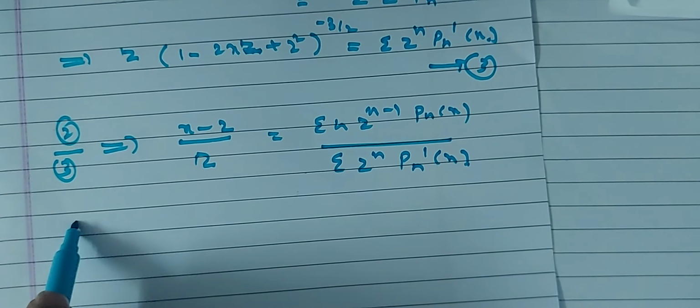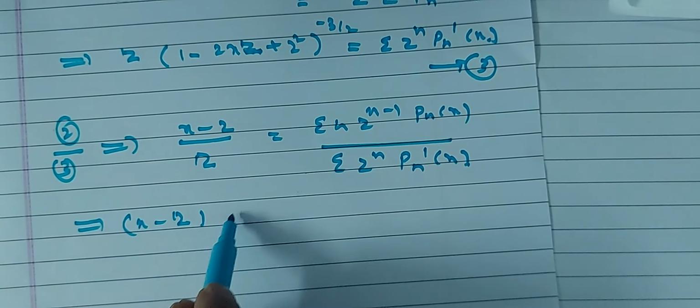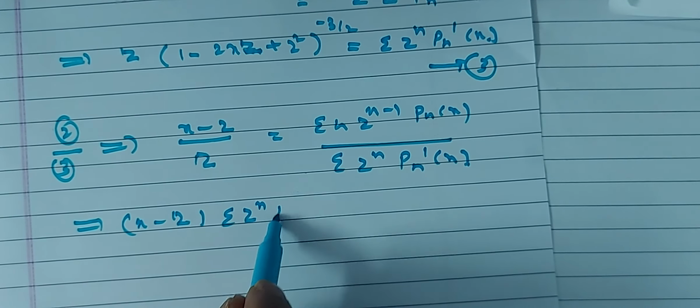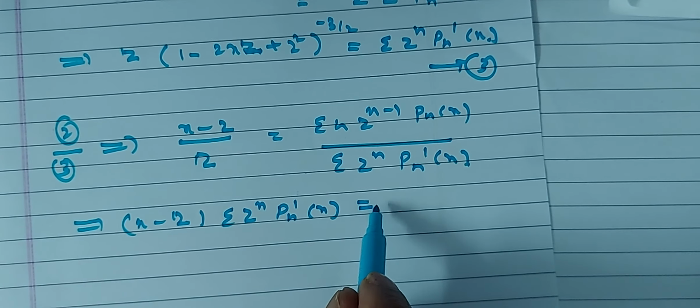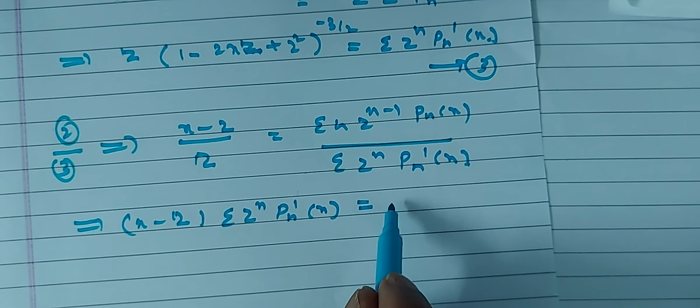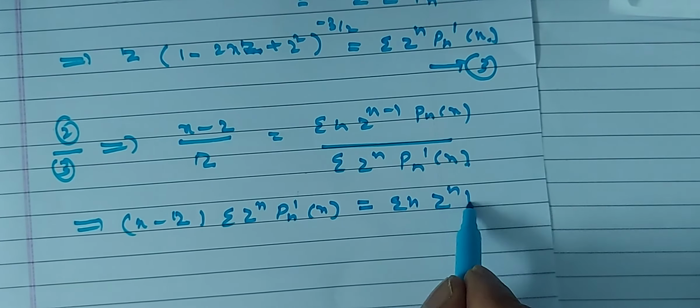This implies, by cross multiplication, (x minus z) into sigma z power n Pn dash of x is equal to sigma n into z power n into Pn of x.